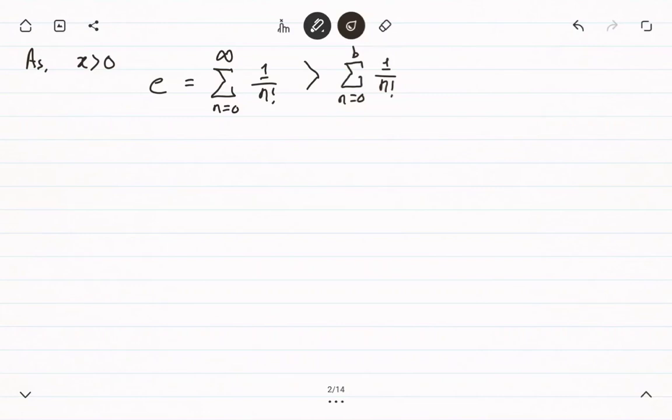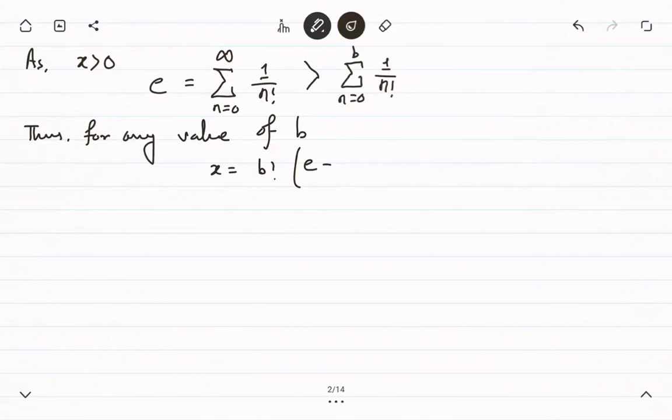So for any value of b, x equals b factorial times e minus the sum over n equals 0 to b of 1 by n factorial, and this term is definitely positive.